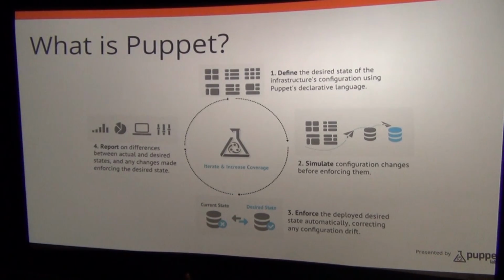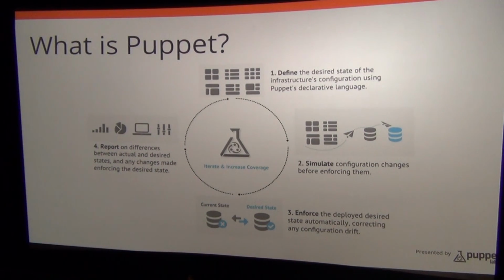So Lindsay talked about the four steps as part of the normal Puppet process. And this slide is showing, at the top, the first step of defining what your desired state is supposed to be like. Puppet has a simulation mode, which allows you, in a development environment, or even in production, some people actually do this, to run Puppet in a no-op mode, simulation mode, and validate that there are no unexpected changes.